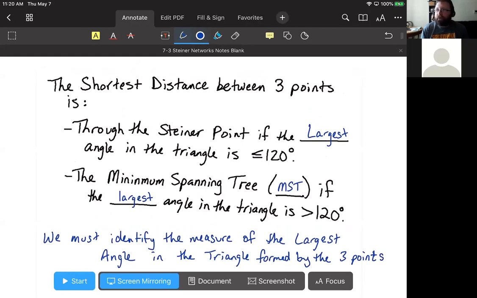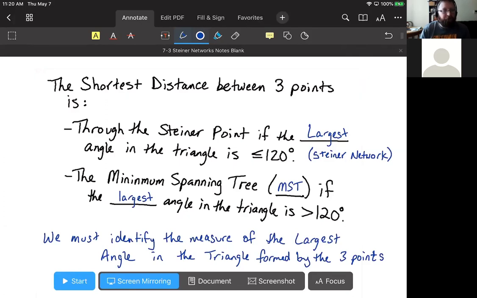For the Steiner point, we look at the largest angle. The Steiner network is the best answer if the largest angle is less than or equal to 120 degrees, and the minimum spanning tree is the shortest distance if the largest angle is greater than 120 degrees.